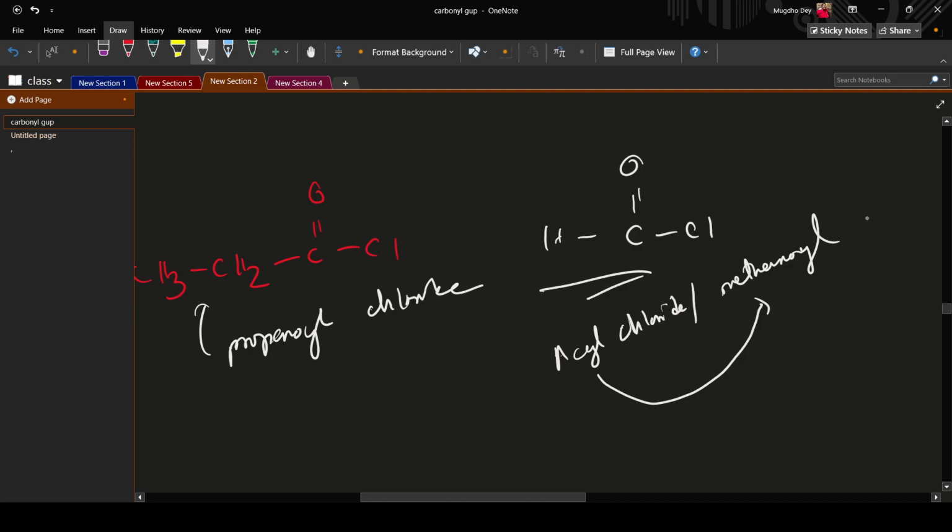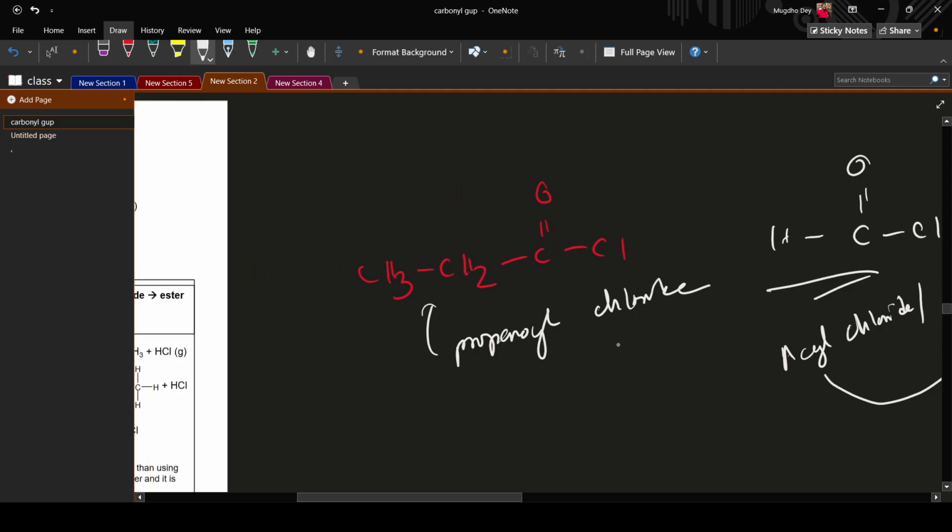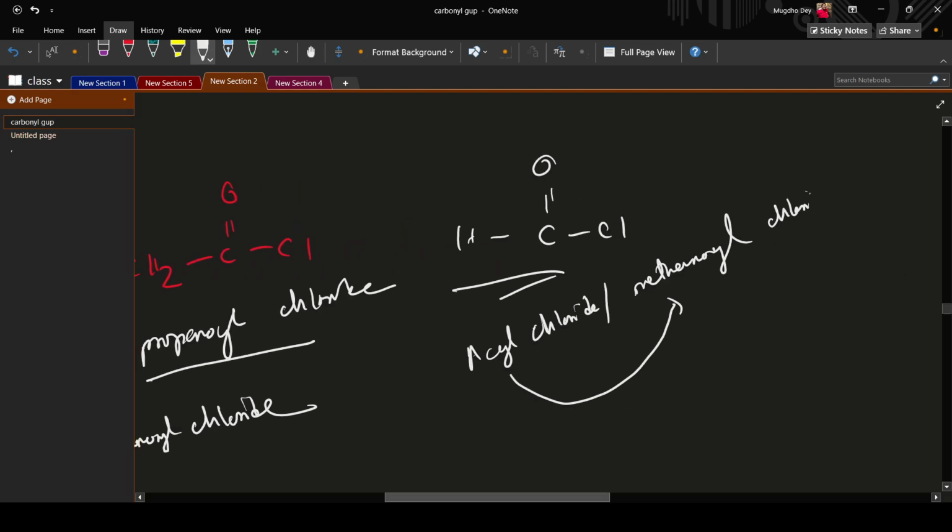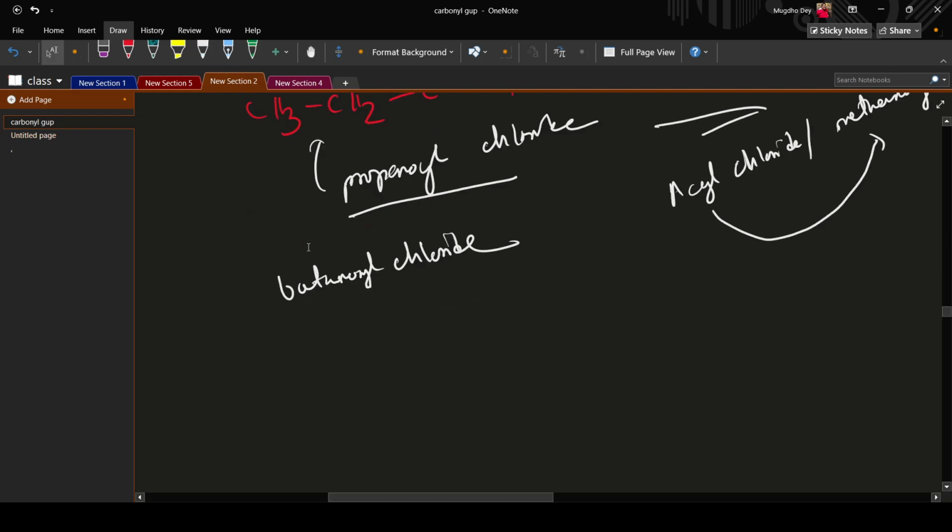It's like a synonym of methanoyl. If you get to see two carbons or three carbons, then you cannot say it's an acyl chloride. It's a propanoyl or whatever the number of carbons is. If there are four, you can clearly understand it's going to be butanoyl chloride. Did you understand?